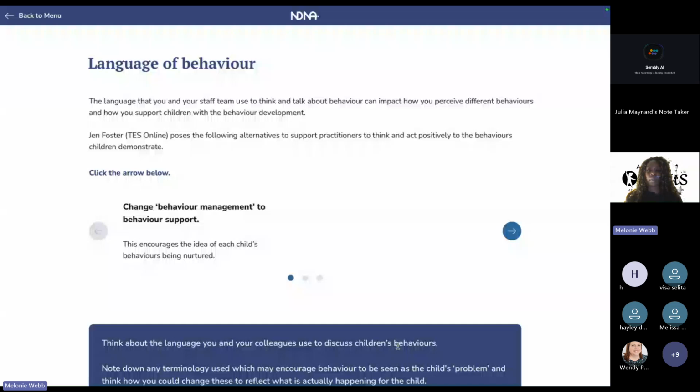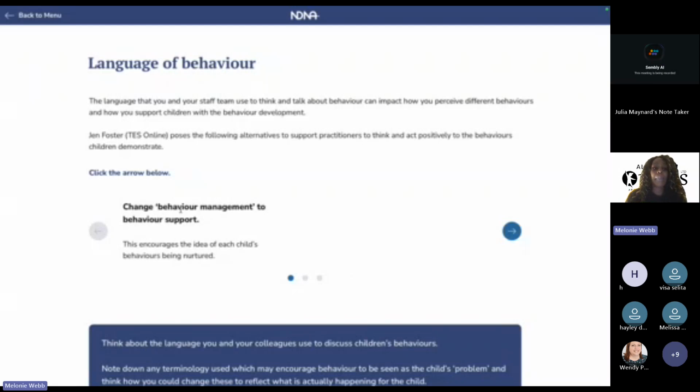The language that you and your staff team use to think and talk about behaviour can impact how you perceive different behaviours and how you support children with behaviour development. Jen Foster poses the following alternatives to support practitioners to think and act positively to the behaviours.